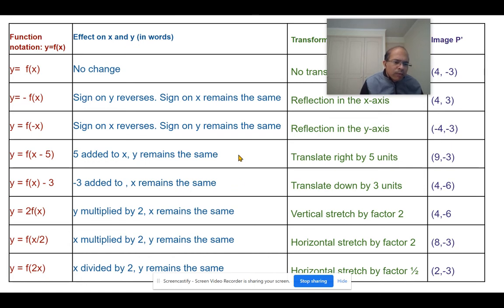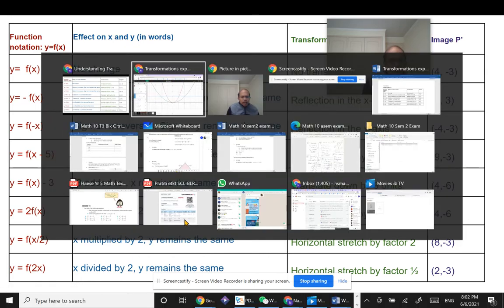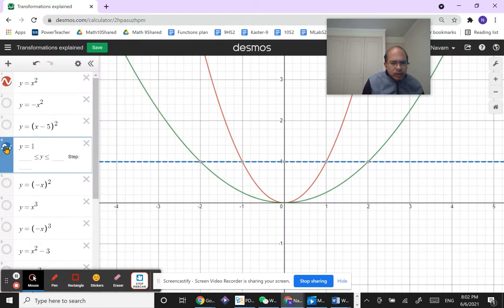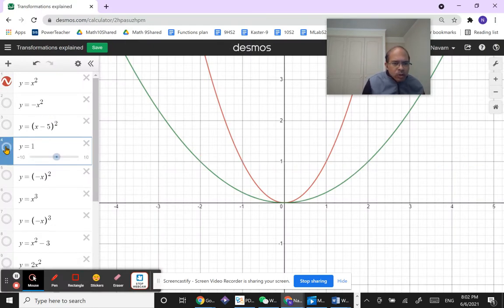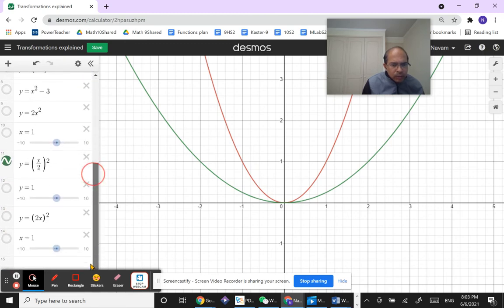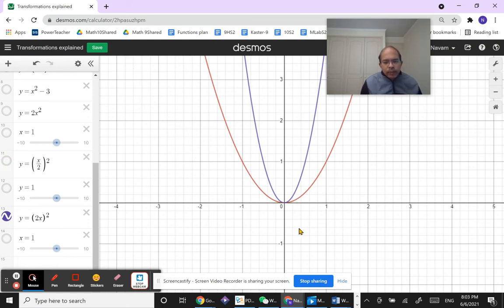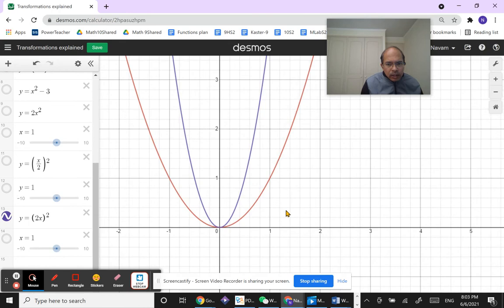Finally, y equals f of 2x. Let's see how this looks on the graph. You have the original function, and then you have y equals 2x, whole squared. You see the new function appears to be narrowed. Let's check how its values are changing. This function will be half of the original value. We can do this by drawing the y equals 1 line.